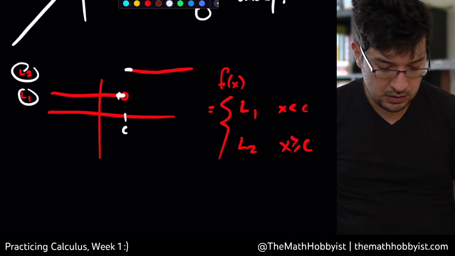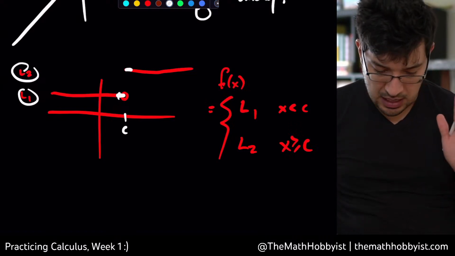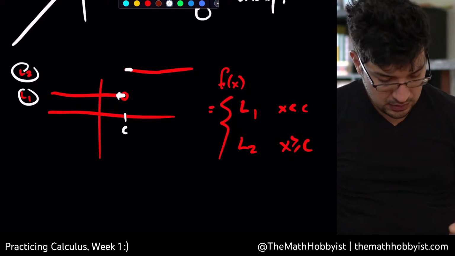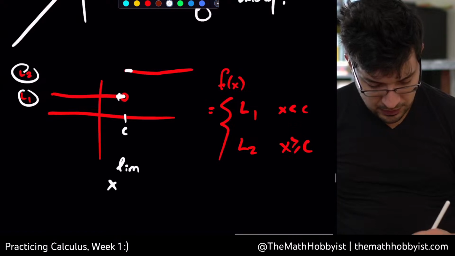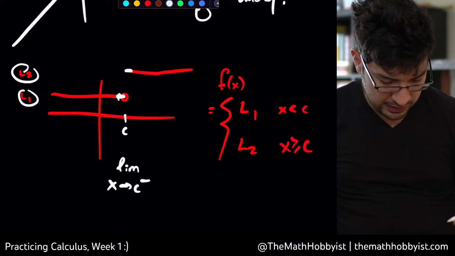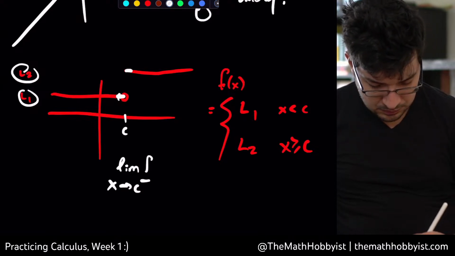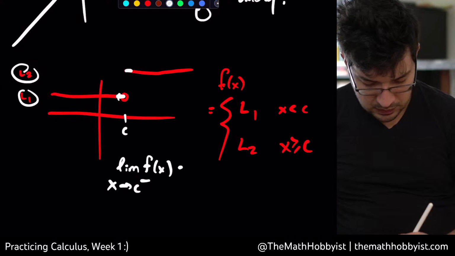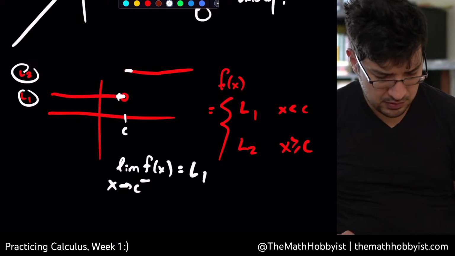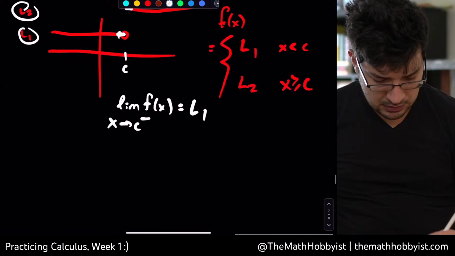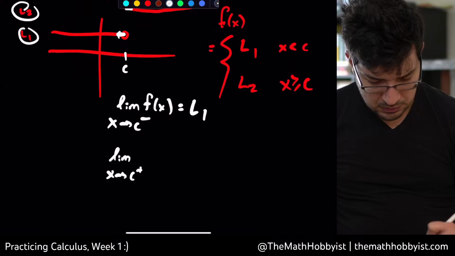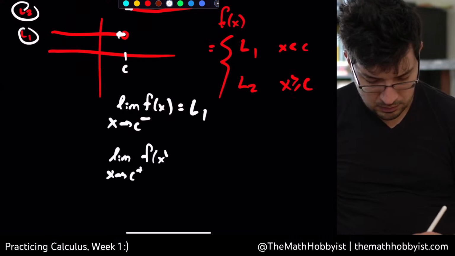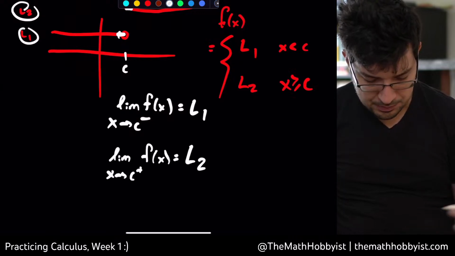So the limit does not exist at C, but we can say that the limit from the left, which we often write like a minus, is the first number, and the limit from the right is the second number.